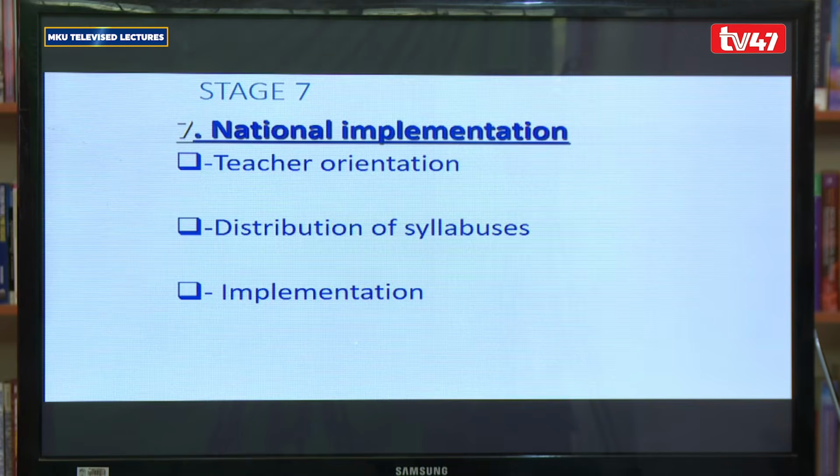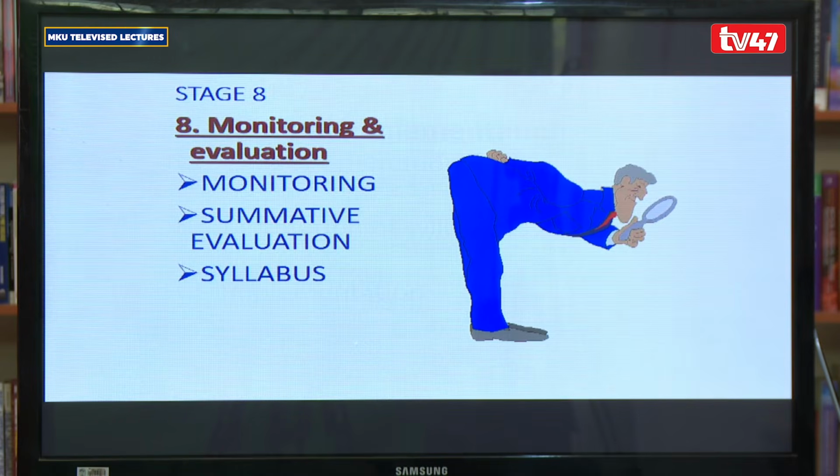That is the implementation. At stage 8, we have monitoring and evaluation. And monitoring and evaluation can be both summative and formative. Formative is to ensure that the right thing is done at every stage, and summative is the one that is done at the end of the program.